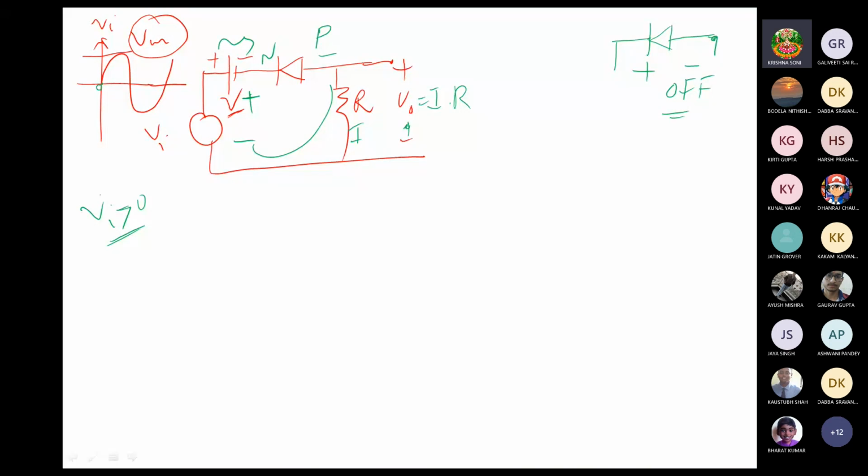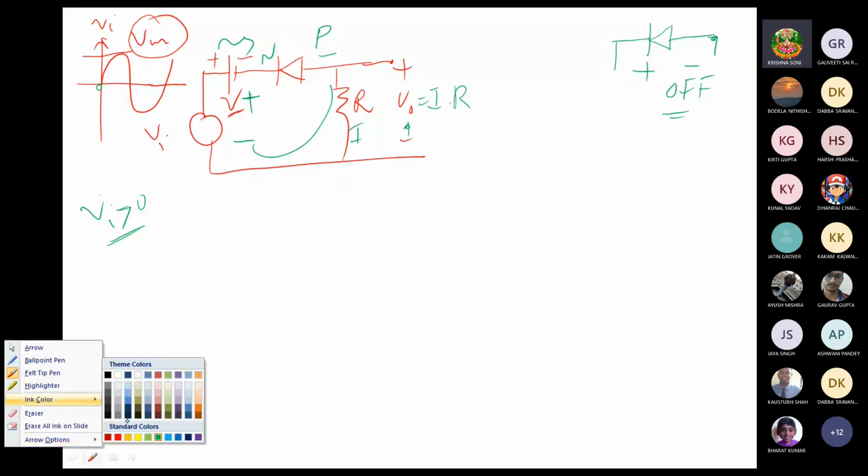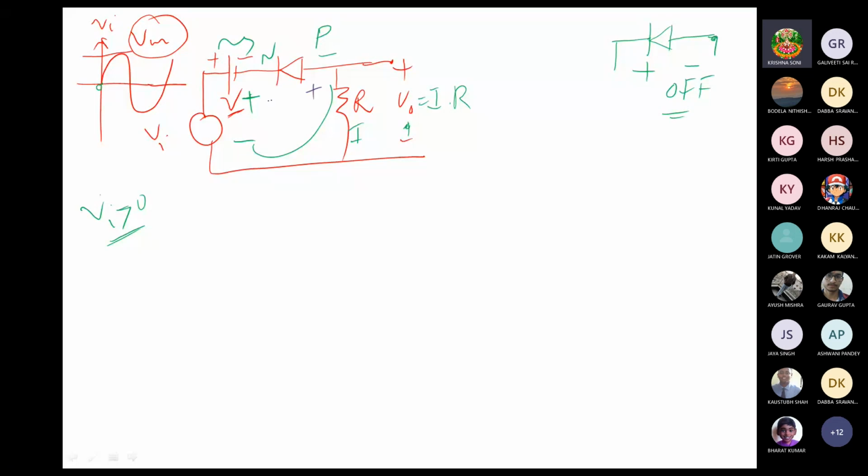Now, we can also see one more thing here: the diode will be on only when we have a resultant voltage across this diode with this polarity, and in that case the current will flow in this direction and the voltage drop will be with this polarity. So the output voltage is going to be negative.